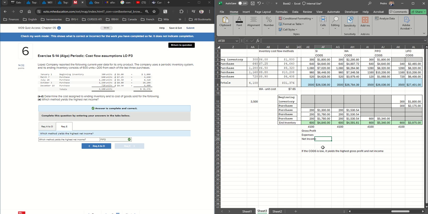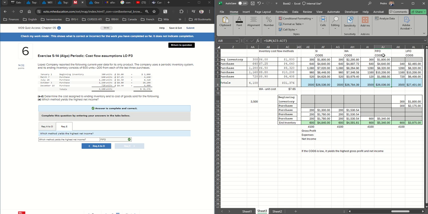However, we were taught during the practices before, in the reading, that if the COGS is low, it yields the highest gross profit and net income. So this definition is actually the answer to this question, because if we can recognize which is the lowest COGS, we can see that the lowest one is the FIFO method result.